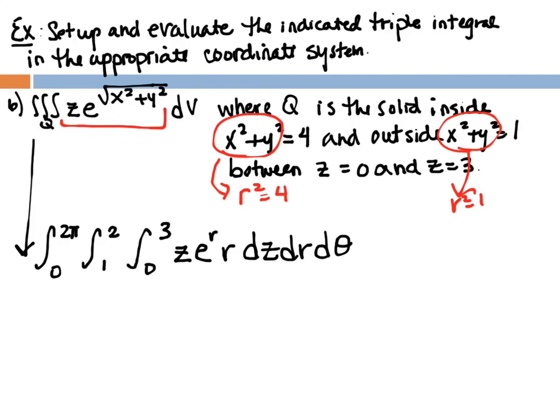But is it? It will be, but not in this step. Yes, you're right, Caleb, this will be an integration by parts, but we aren't doing integration by parts in this step. The first inside integral right here is with respect to z. So with respect to z, what do I get?